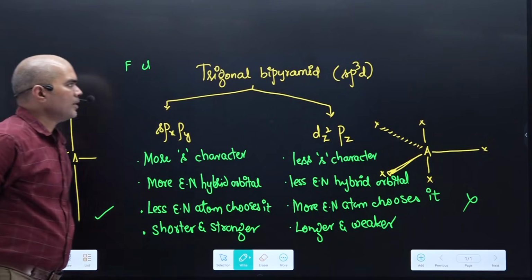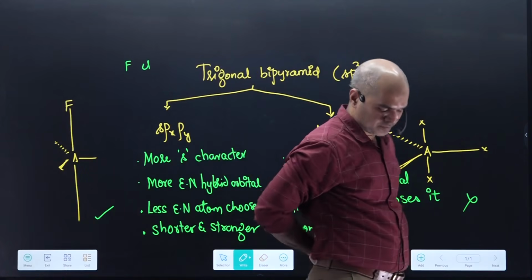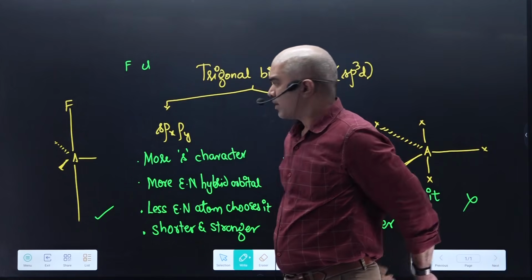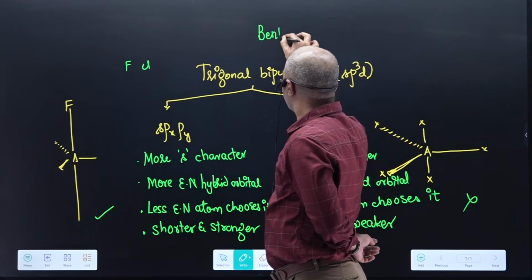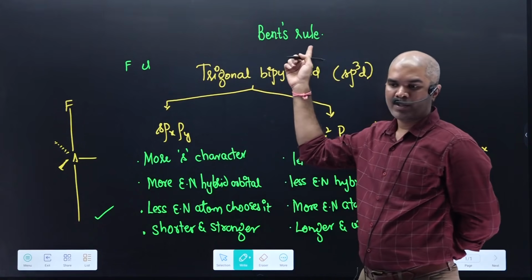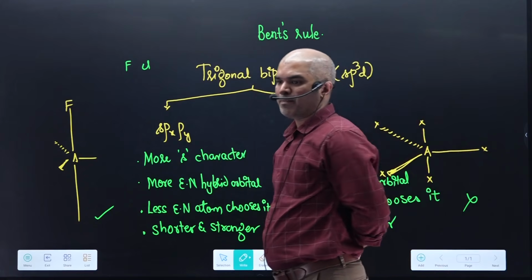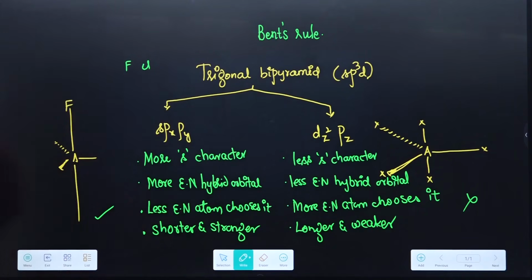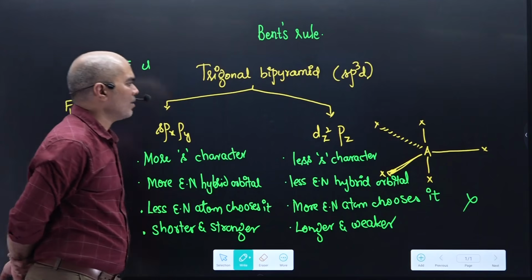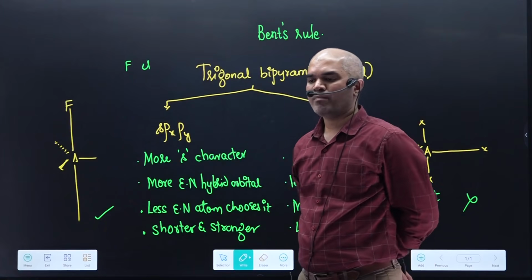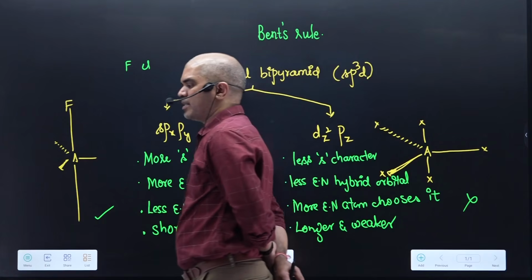Next, in TBP geometry, according to Bent's rule, the more electronegative atom will choose that hybrid orbital which has less s character.